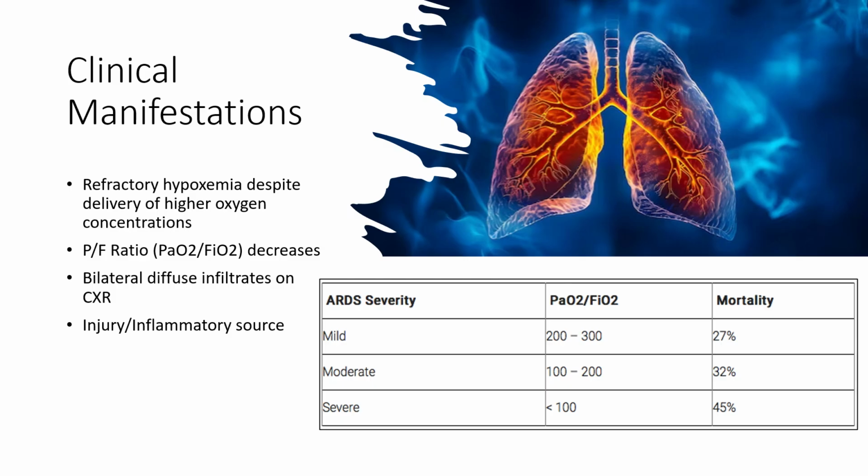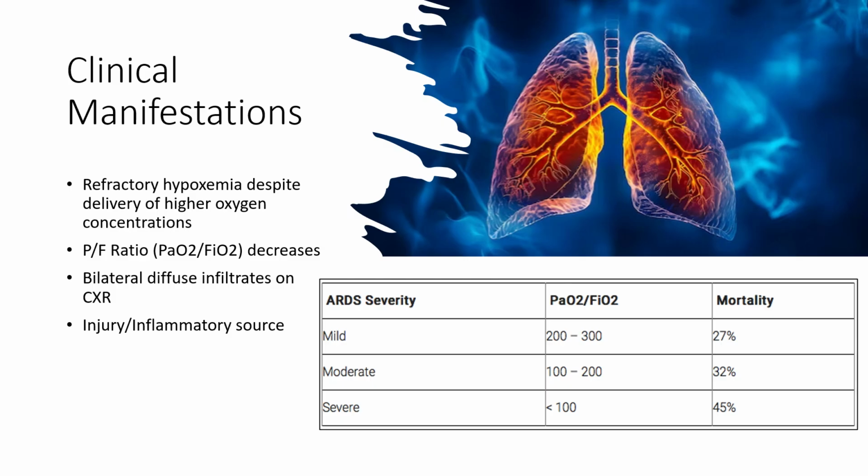The patient must have an acute source of injury or inflammation. The patient must have bilateral diffuse infiltrates, aka pulmonary edema, on the chest x-ray, and it cannot be cardiogenic in nature. For example, if a patient's having a heart failure exacerbation that's causing the x-ray to look like that, you cannot diagnose them with ARDS.